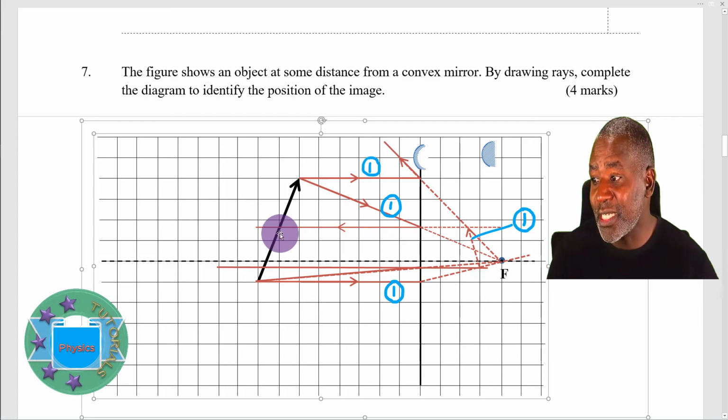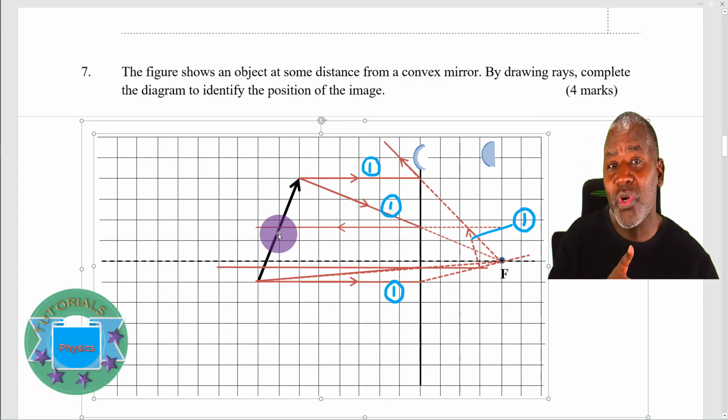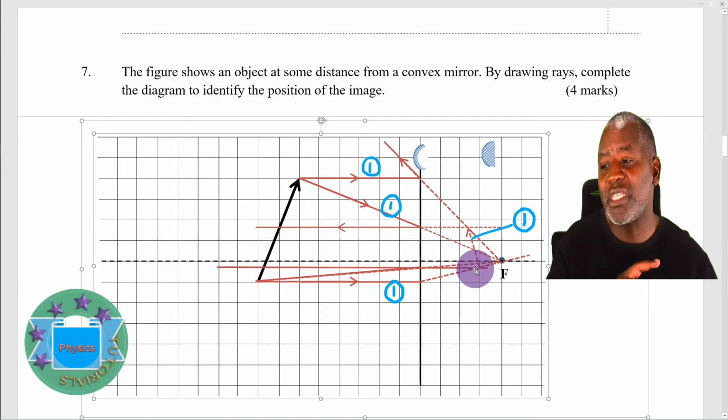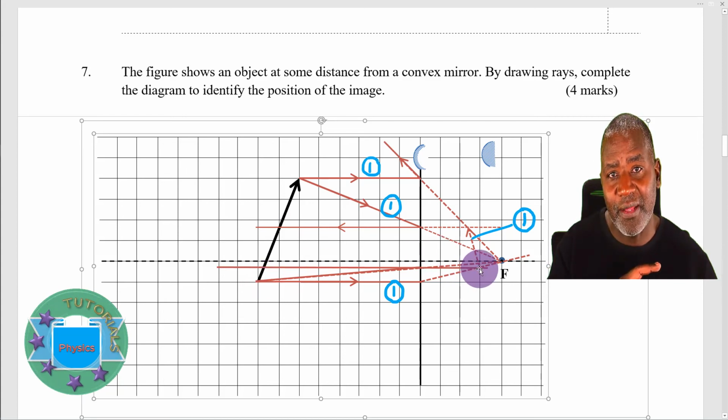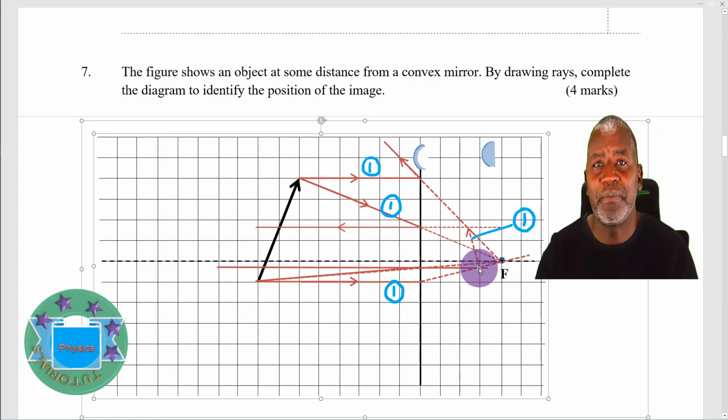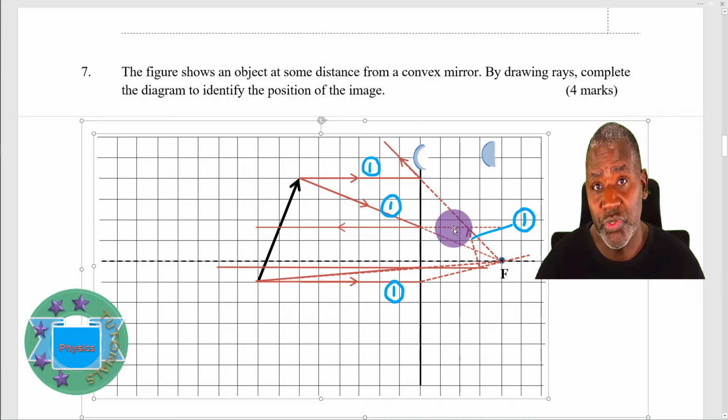But if it is slant, you need two rays coming from the tail, identifying the specific position of the tail. And then you now join the head to the tail. That is what you do.